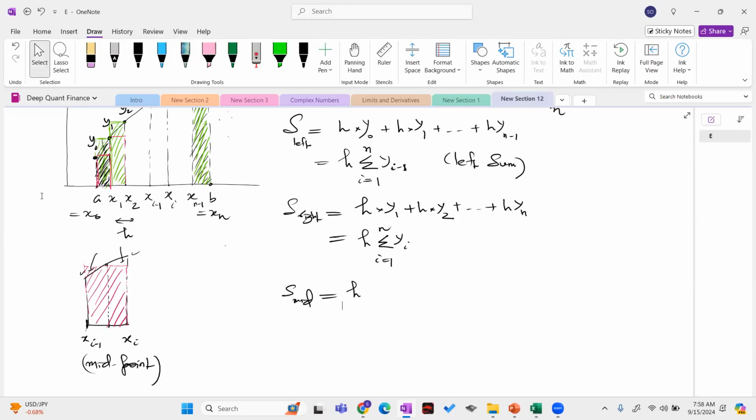Should I write H times y0 plus y1 divided by 2?